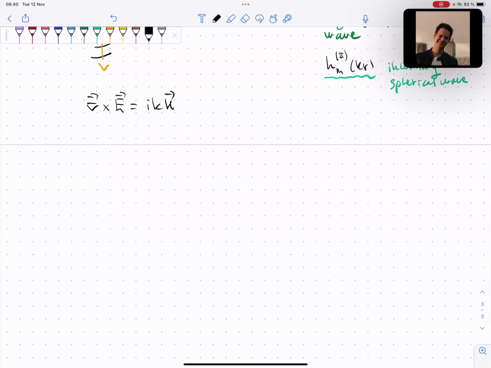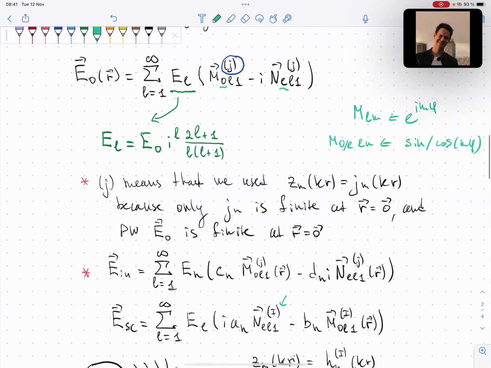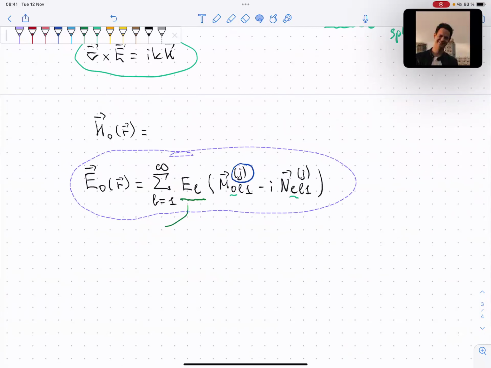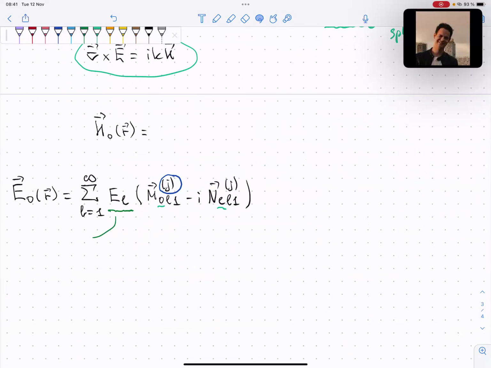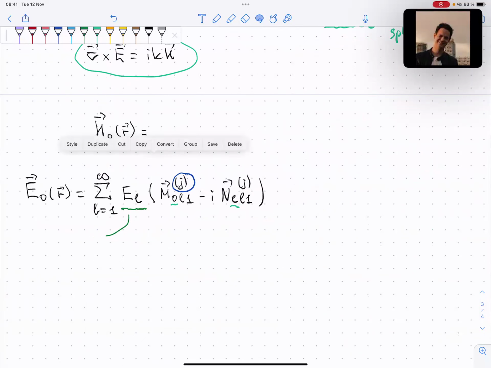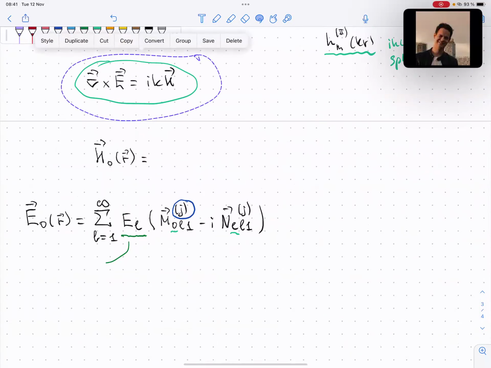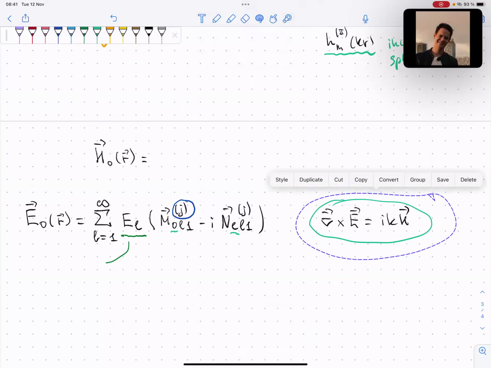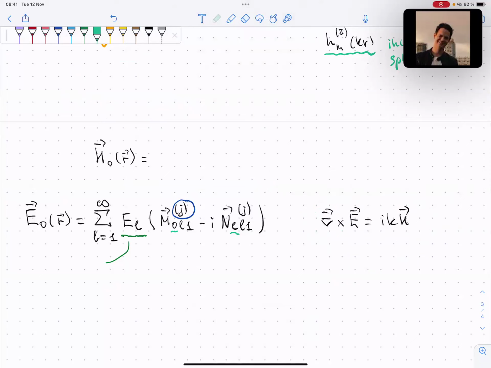For example, for the magnetic field of the incident wave, right now I want you to take this expression, take this expansion, and calculate the magnetic field of the incident wave in terms of these spherical vector harmonics.